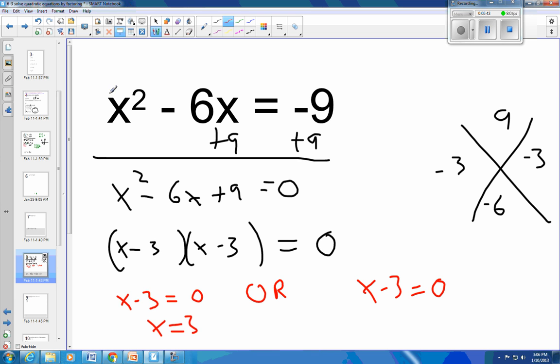The a is positive. Our root is 3. We've got one root at 3, and it's going to go up from there. So that's a very quick sketch of what this equation right here looks like. One root, we touch the x-axis at one point, and a is positive, so it is facing up.